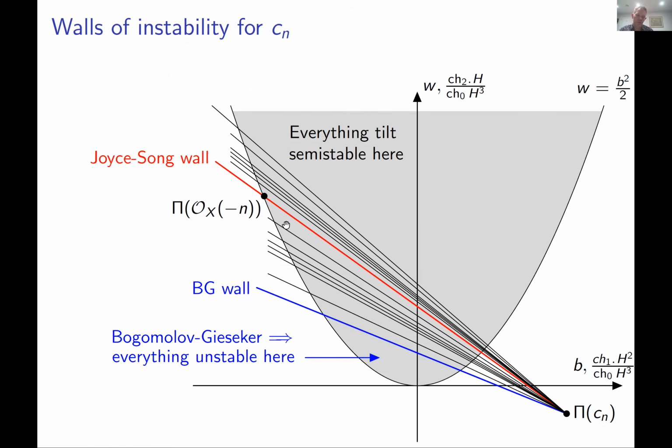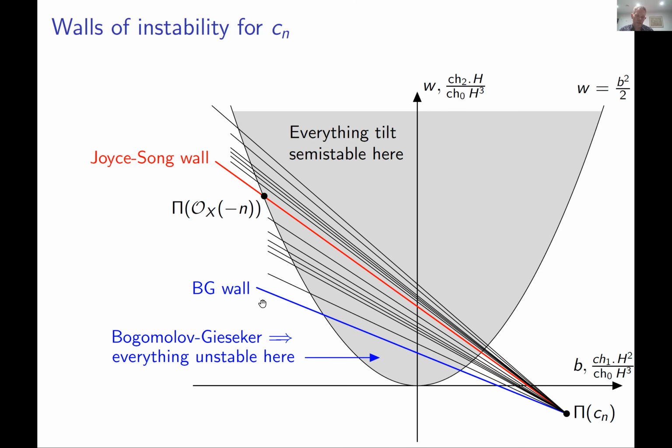So if your B and W are not on a wall, if they're in the gray area, then as you move in that chamber, the stability or instability of your sheaves F does not change. And then as you cross one of these walls, there'll be some other class down here, which is also on that wall, which may destabilize you as you cross the wall. And then there's sort of three features.